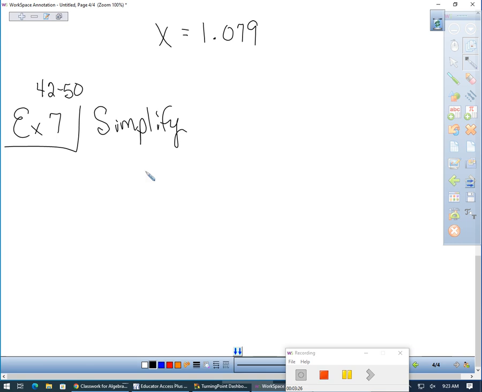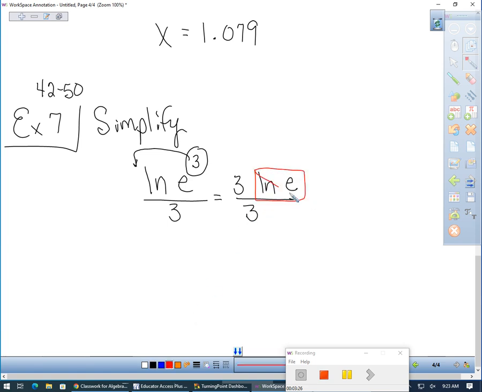For example, if I have the natural log of e to the third divided by 3, this 3 gets to come out in front. So I have 3 natural log e divided by 3. And we already know that this natural log of e is equal to 1. So on top I have 3 times 1, which is 3, divided by 3.